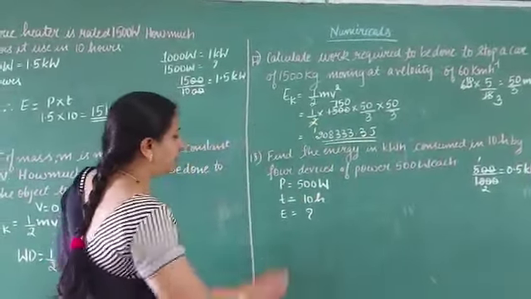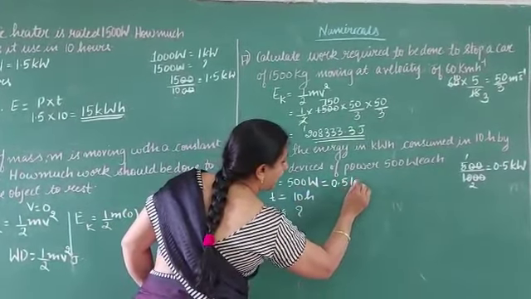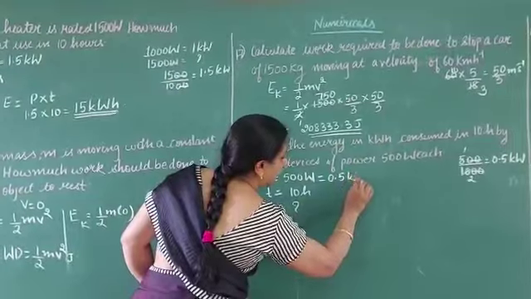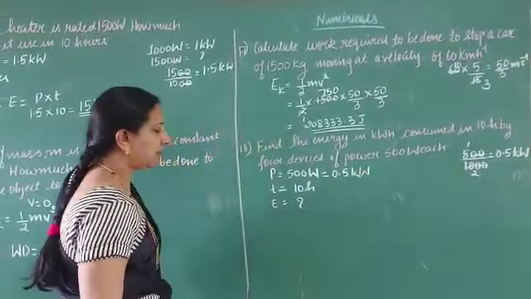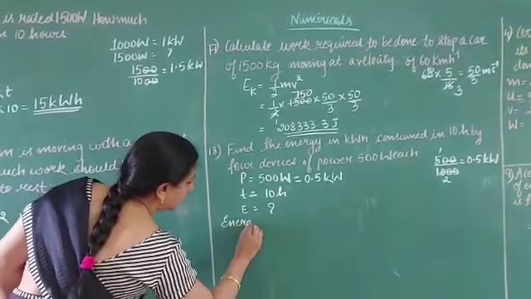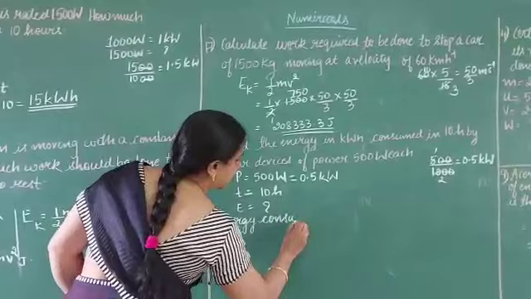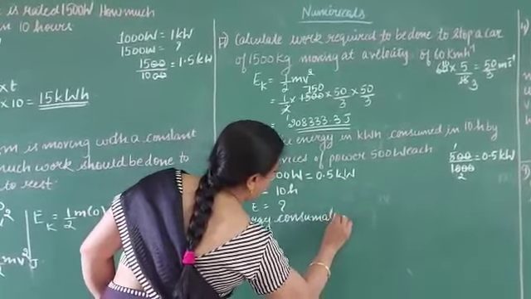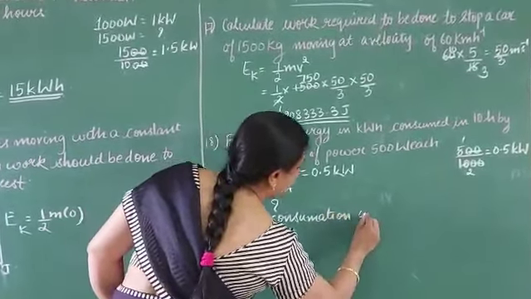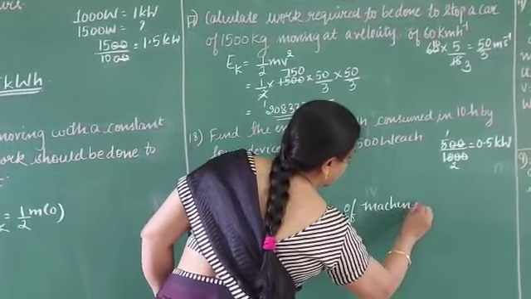So the power of each machine is equal to 0.5 kilowatt. Okay, so let us calculate the energy consumption of one machine.